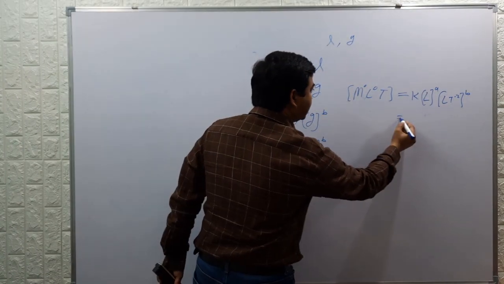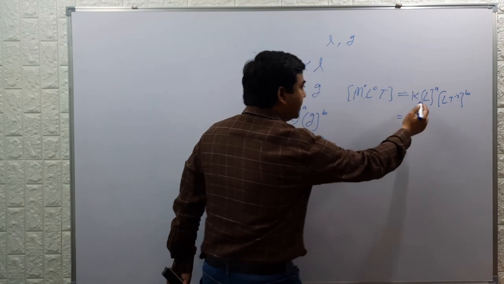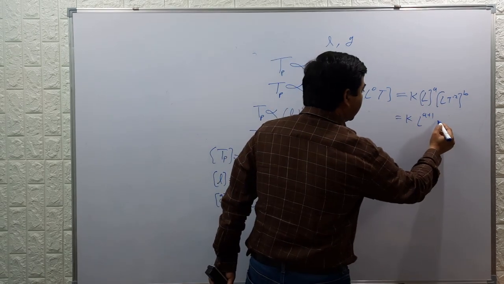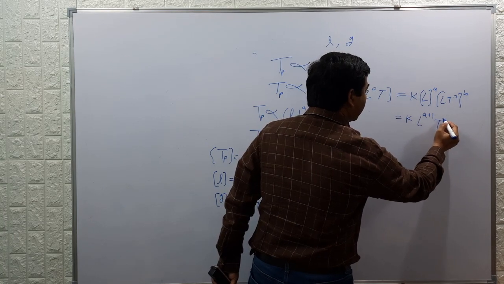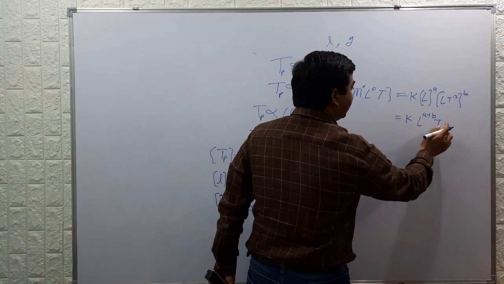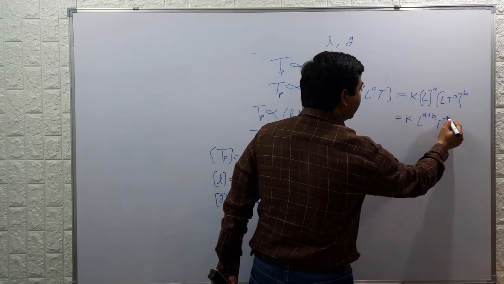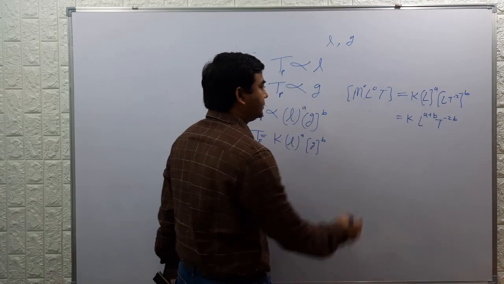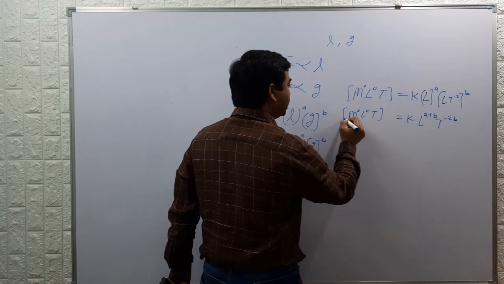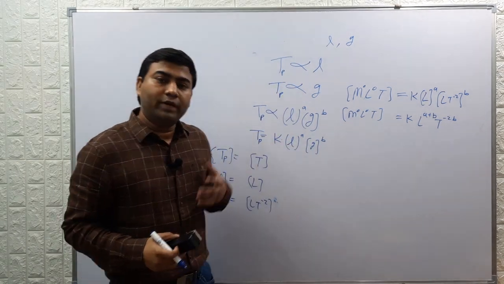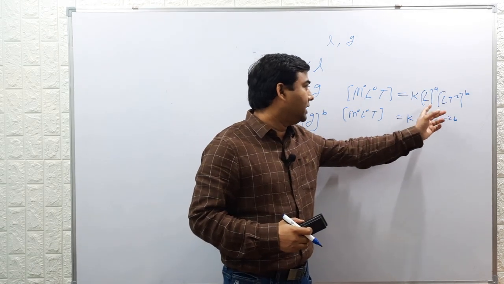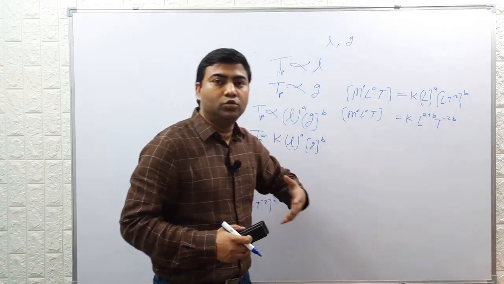This can be written as K, L to power a plus b and T to power minus 2b. Here it is L, M, L, T, because they obey the rules of algebra, which we have earlier discussed. These K, L, M, T, they all obey rules of algebra.